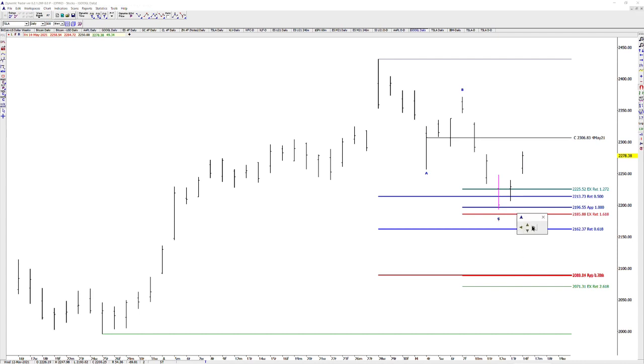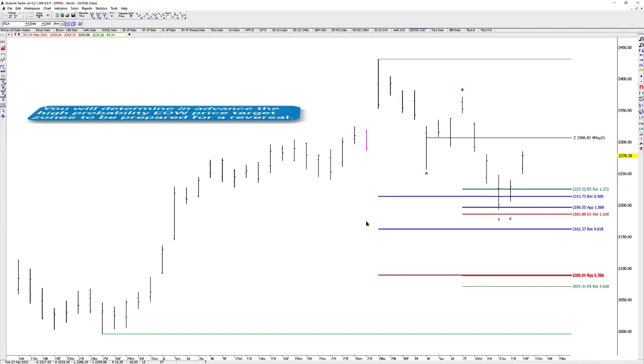Let me just move that over a little bit. There we go. I've got a question mark, and it's going to be a question mark until there's a close above the wave A closing low. But we're still in just a great position to consider a long trade because of the pattern and because of the price relationship where the market returned.